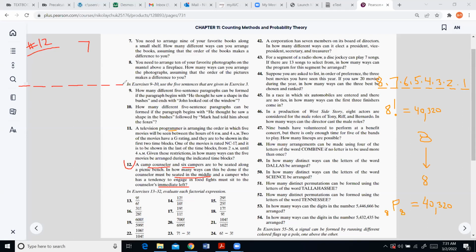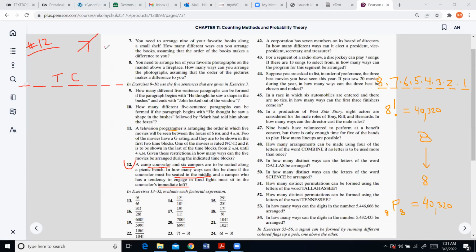So the counselor said, enough, I sit here in the middle, so I can stop you, because if I sit all the way at the end, I'll have more difficulty to stop it. And the camper, the troublemaker, sits on the left. So we'll say the troublemaker is put next to the counselor, so that the troublemaker sits carefully. Well, I guess being watched.